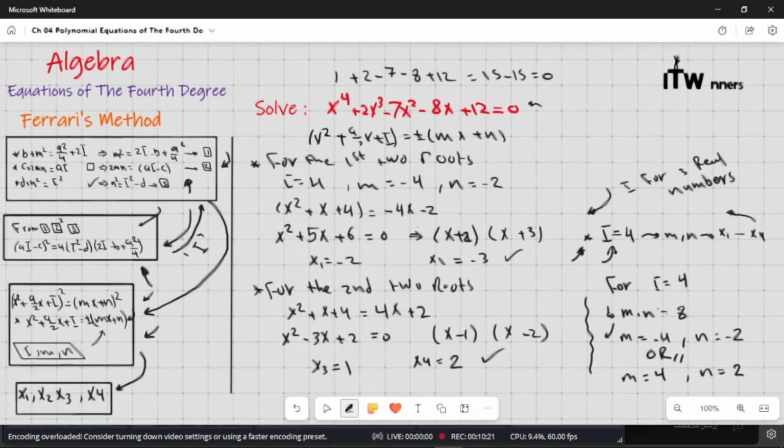Okay, I hope Ferrari's method is simple.